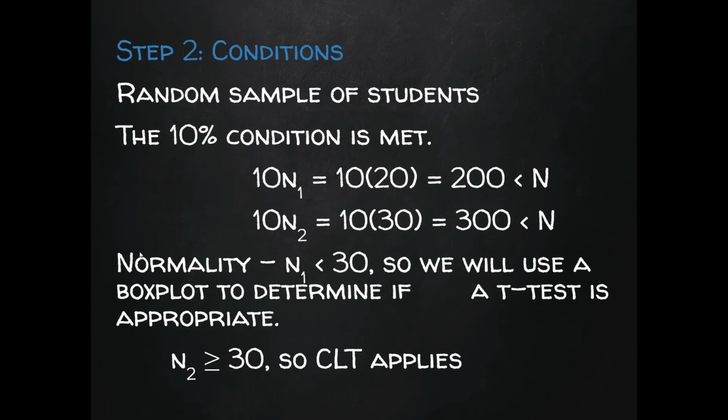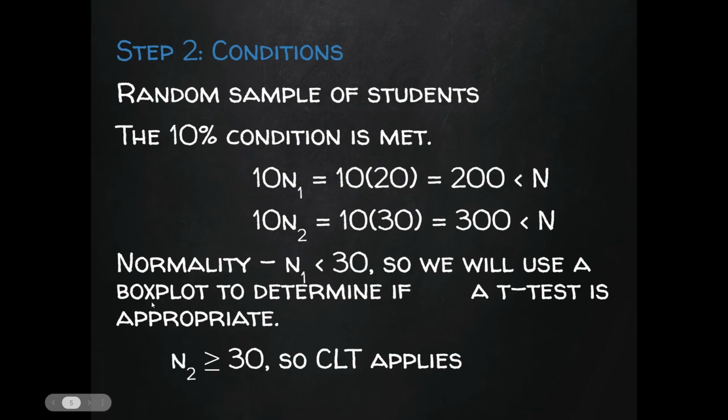Our normality condition for the 1st period class is a little bit tricky because we don't have 30 students. So we're going to have to look at a box plot to determine if a t-test is appropriate. For my 5th period class, there were more than 30 students, so the CLT applies. Again, my apologies, this should be n sub 5 here.